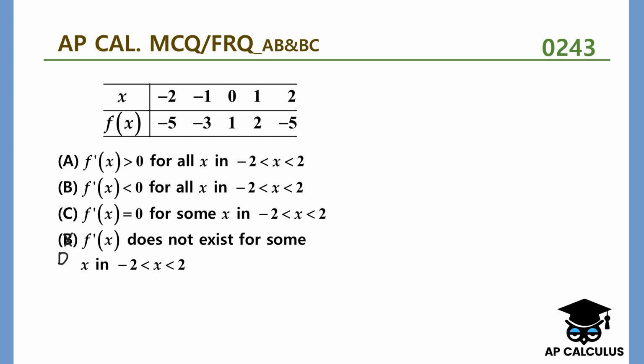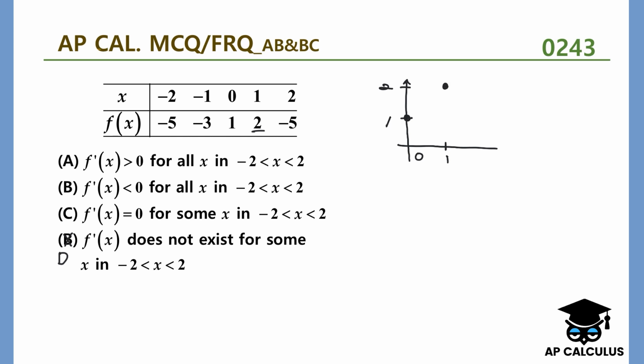Well, that's not true, because we don't know what happens to the graph of f between these given x values, right? For example, let's say when x is 0, y is 1. When x is 1, here y is 2. So we have a coordinate here, right?